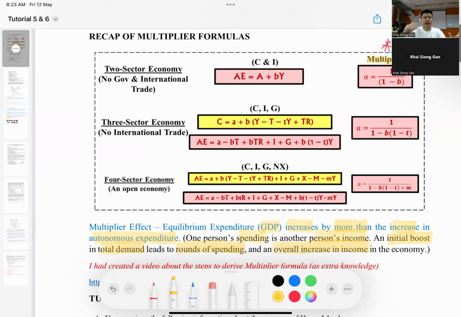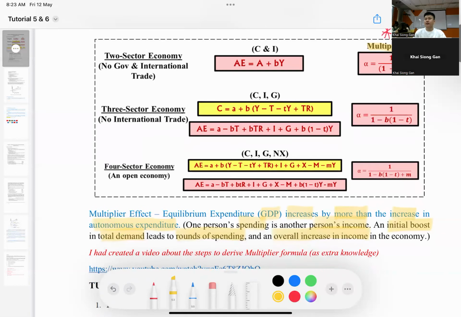Why does 5 million become 25 million? Because in between, we are using the money to demand more goods and services. This is what we call the multiplier effect. One person's spending is another person's income, and it will continue to grow like that, so it will increase the overall total output and the total expenditure.